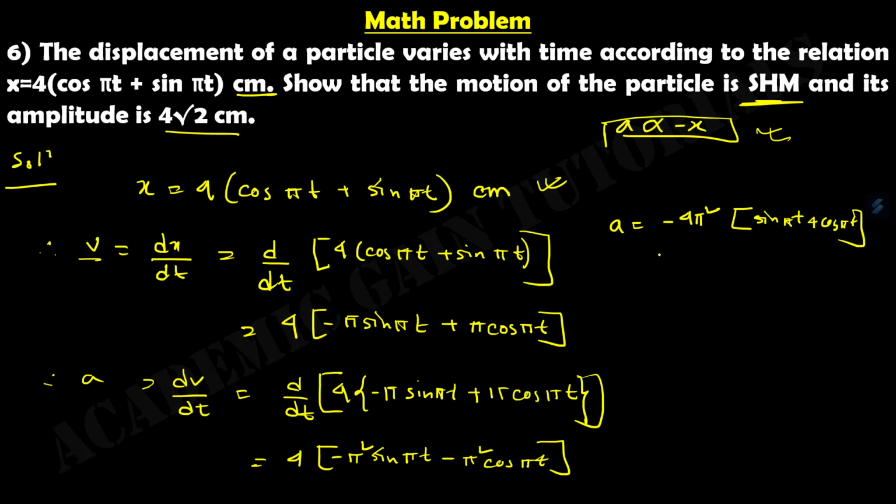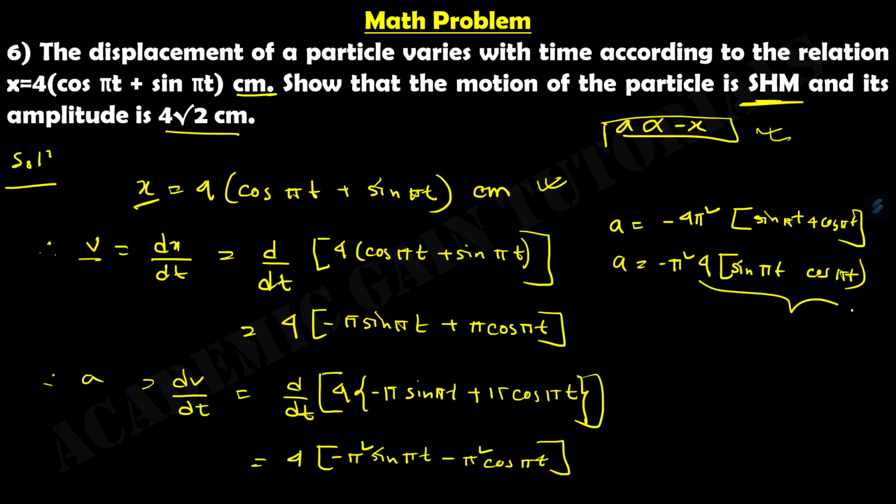So a equals minus pi square times 4 sine of pi t plus cos of pi t. We know that 4 times sine pi t plus cos pi t is actually equal to the value of x.